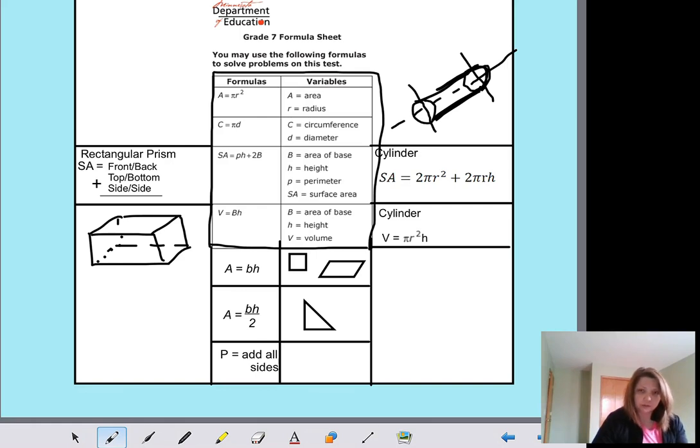If you have to find the area of a triangle, it will be base times height divided by 2, because a triangle is only half of the square, so we divide by 2. And P is for the perimeter, where we add all sides together. So for the perimeter of different shapes, you just add everything together.